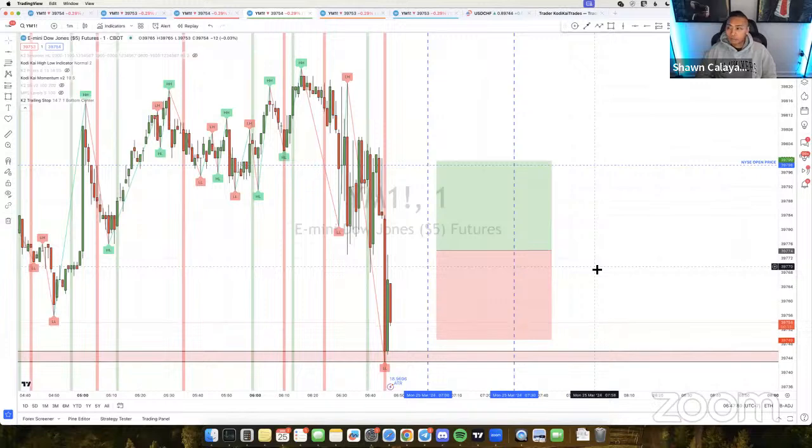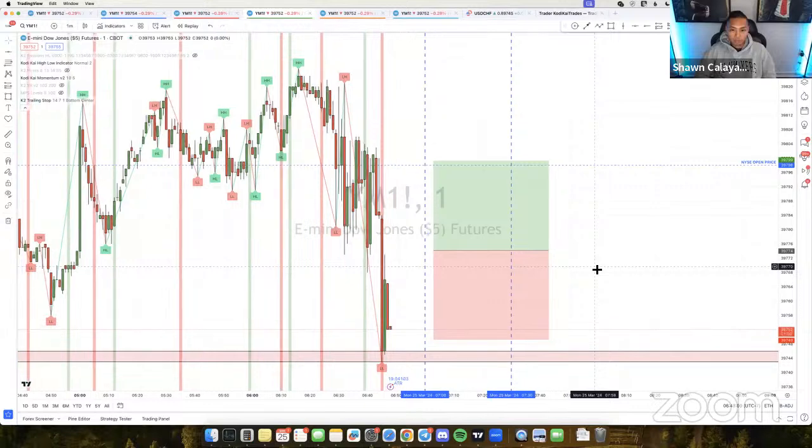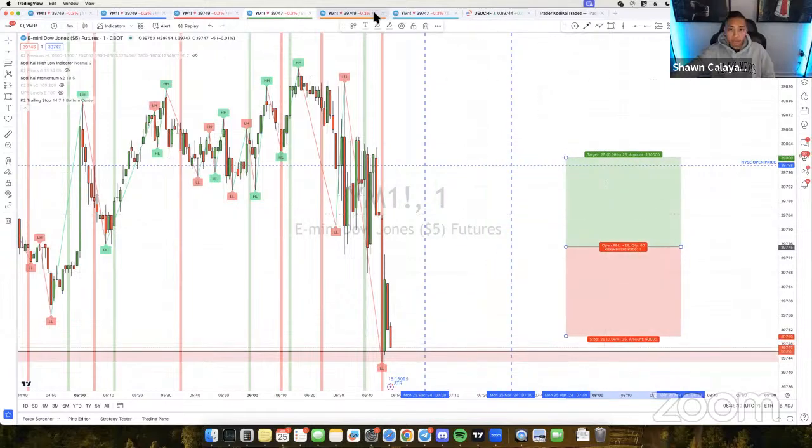Just gotta wait. We've got a few seconds left on this candle. Let's see if it swings back up. It might even come back down and retest this low, right there.